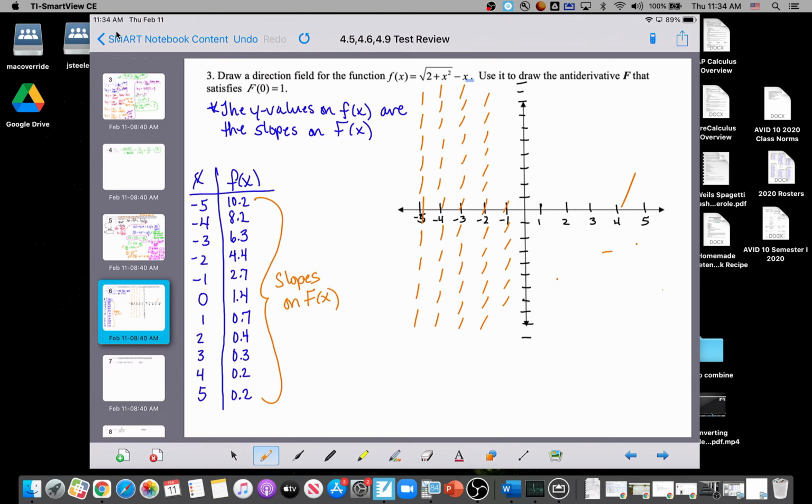I'm just getting more shallow as I go. And then at 0, I'm at 1.4. And then I drop to 0.7, so again just getting more shallow here. And then 0.4.